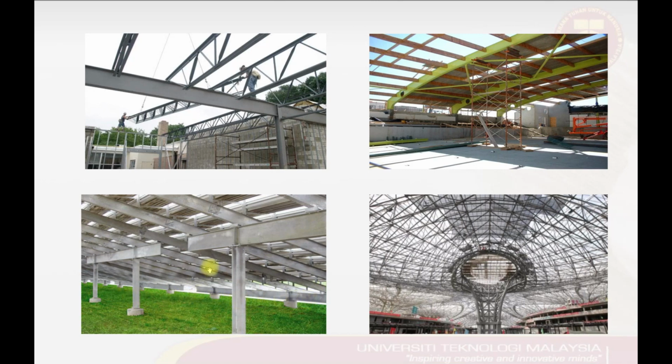There are many beams used here to support the weight of the supporters sitting on the stand in this stadium. And this is just another construction, showing another application of the beam in roof constructions.